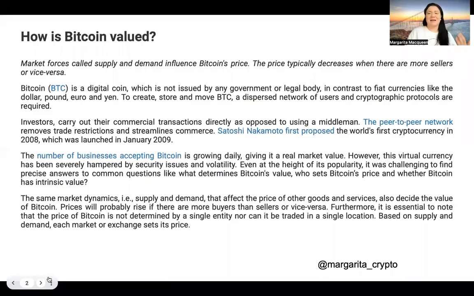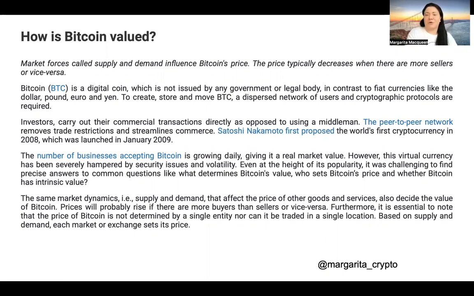So let's begin to talk about the prices and why and what's happening. The main subject of this question: how is Bitcoin valued? As we know, Bitcoin is a digital coin which is not issued by any government or legal body, in contrast to fiat currencies like dollar, pounds, euro, yen, and so on, right?